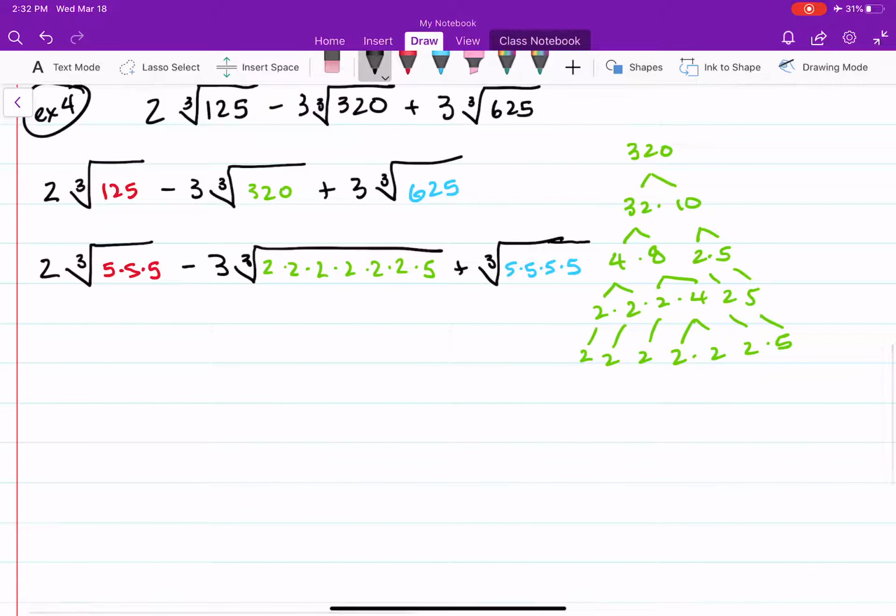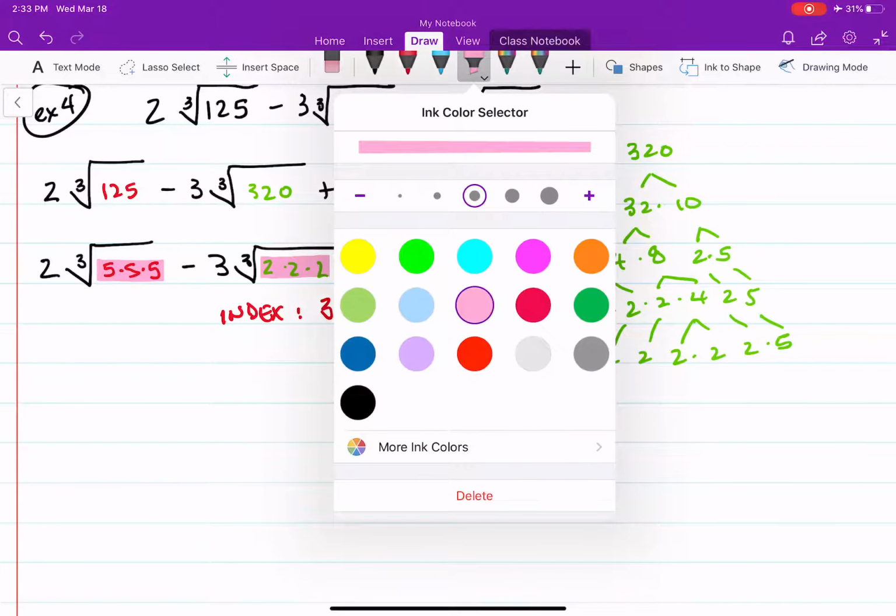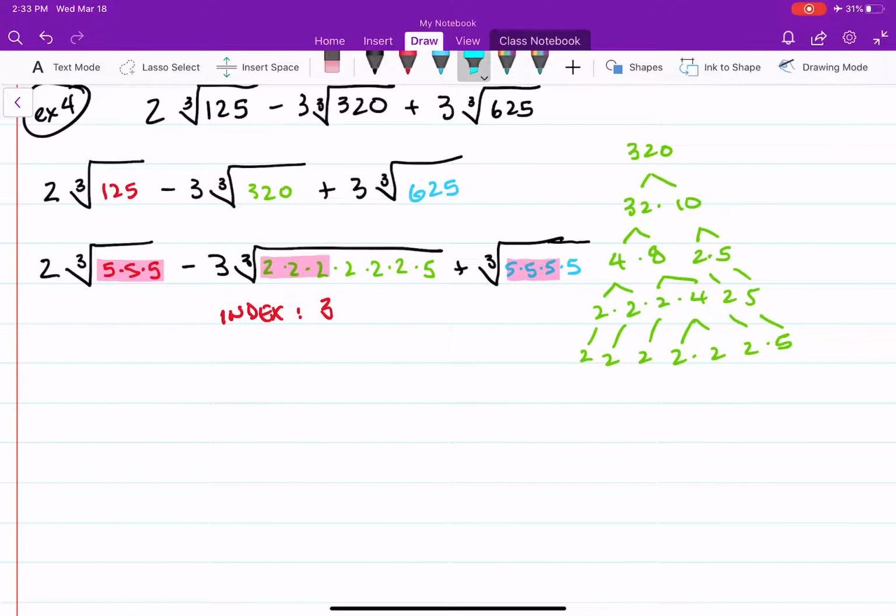So again, if you look at this, my index is a 3. Okay. So we're looking for groups of 3. So I have a group of 3 there. I have a group of 3 there. I have a group of 3 here. I want to use a different color here. Let's use blue. And I have a group of 3 here.